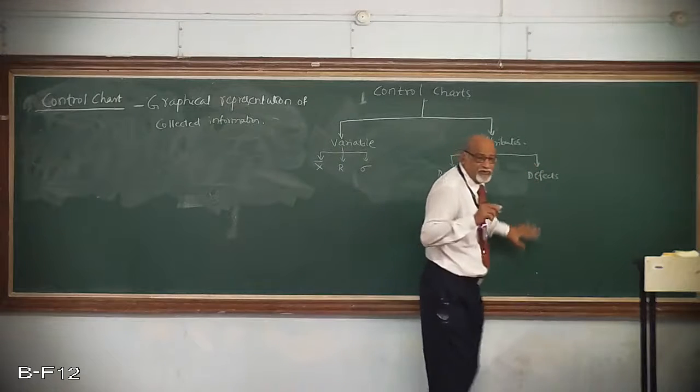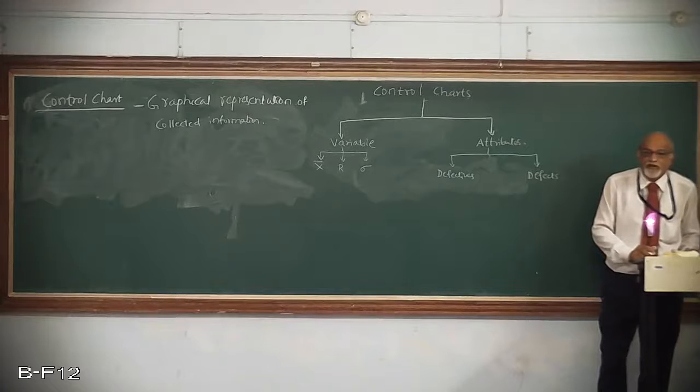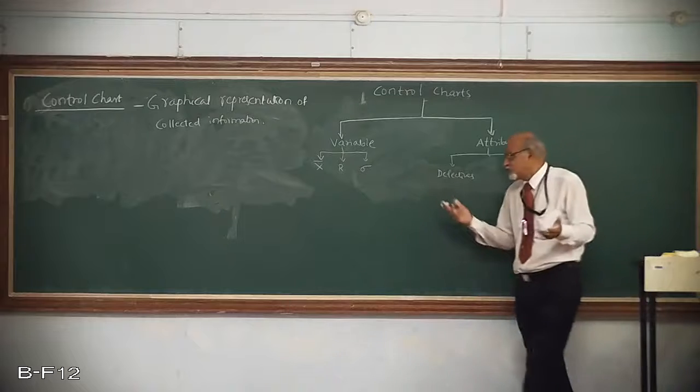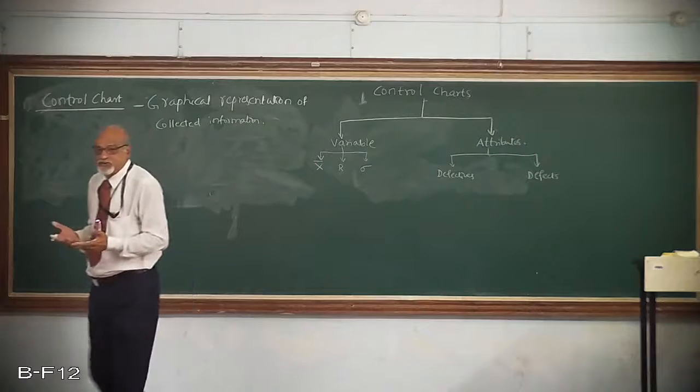What is a defective? What is the difference between defect and defective? A defective is one item which will contain one or more defects. That is classified as a defective item. Understood?